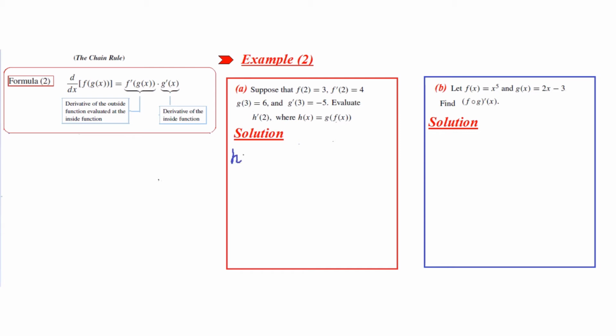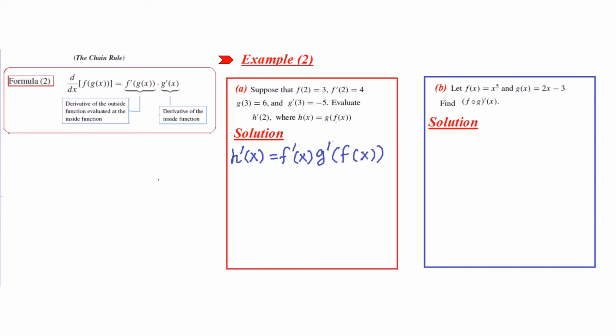So first you have to find h prime of x, which equals the derivative of inside function f prime of x multiplied by the derivative of the outside function g prime of f of x.